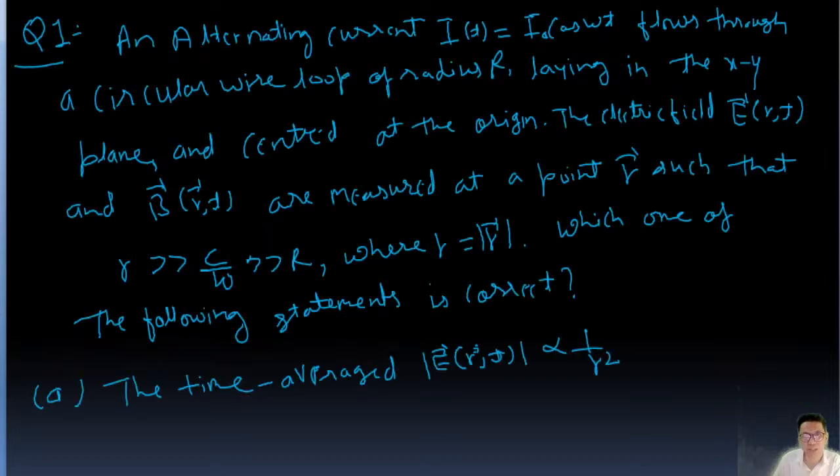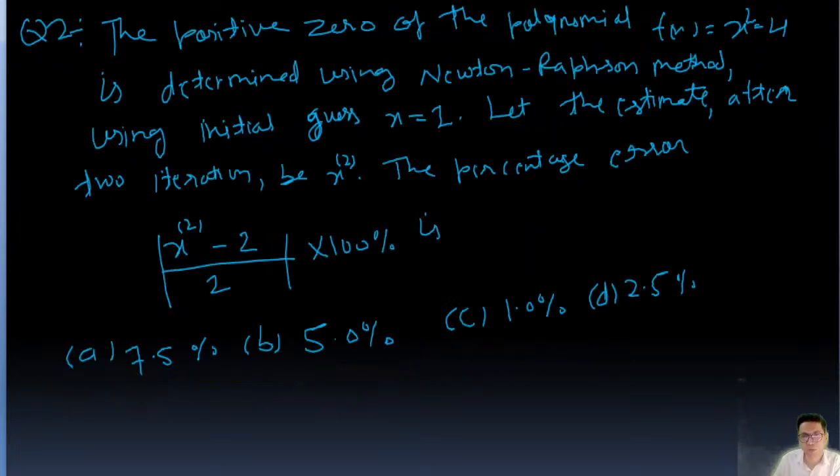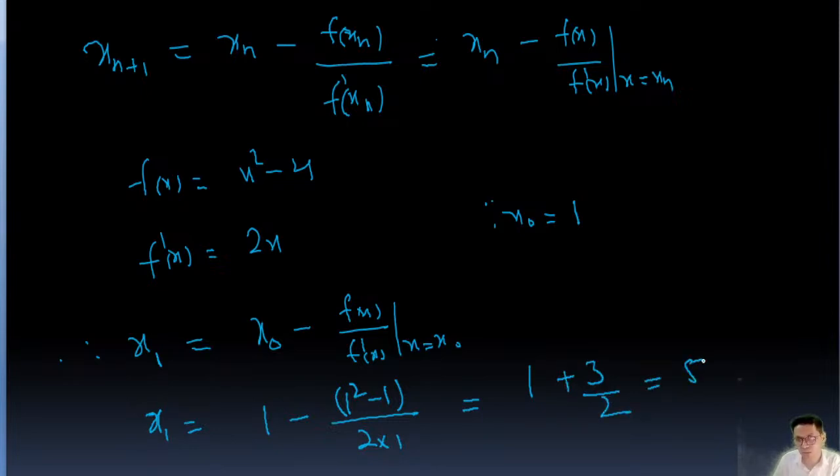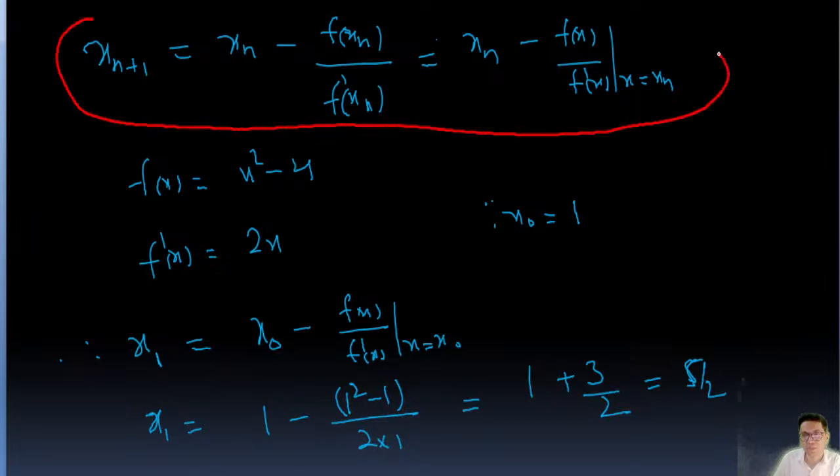So that is 1 square minus 4 upon f dash x, 2 into 1, right? We'll solve it. So this is going to be 1 minus (minus 3) by 2, so this is 5 by 2. x1 is 5 by 2. This is a very important formula, Newton-Raphson iteration.